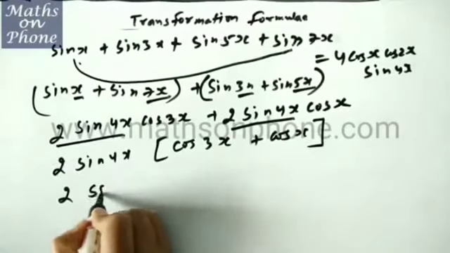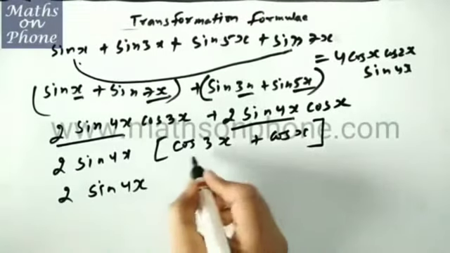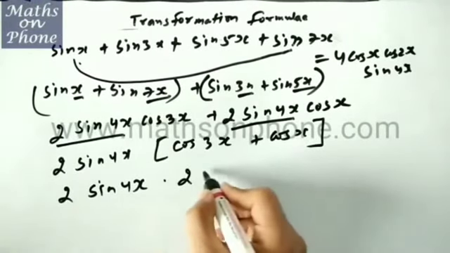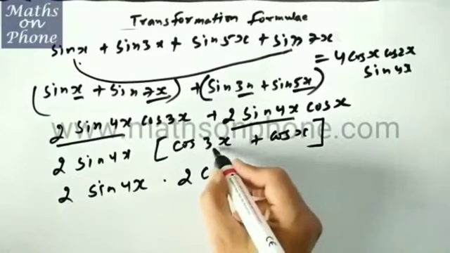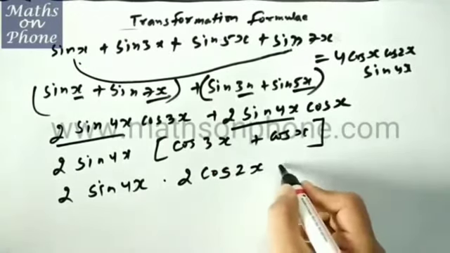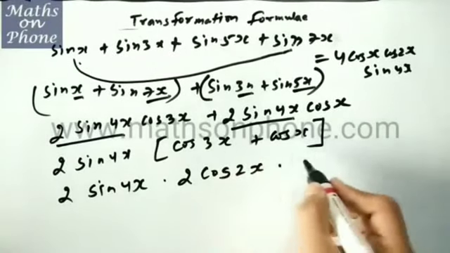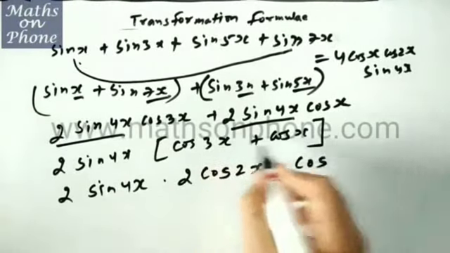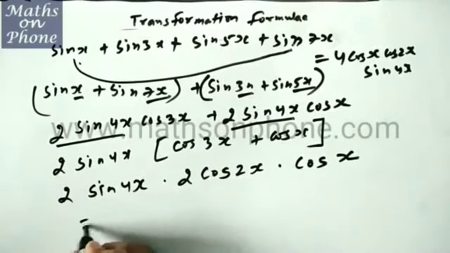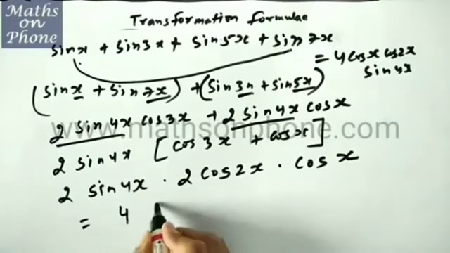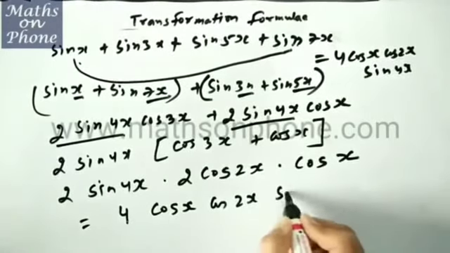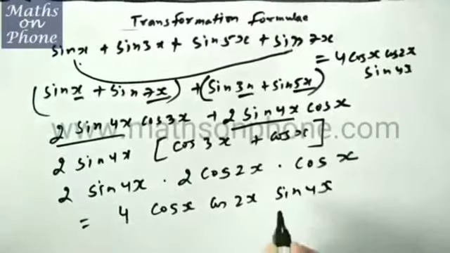So this is 2 sin 4x, and if I apply cos C plus cos D here, this is 2 cos (C plus D) by 2, that means (3x plus x), 4x by 2, that is 2x, into cos (C minus D) by 2, that is cos of (3x minus x), 2x by 2, just x. So this is coming out to be 4 cos x, cos 2x and sin 4x. We got the result.